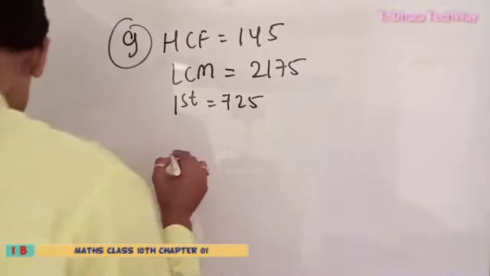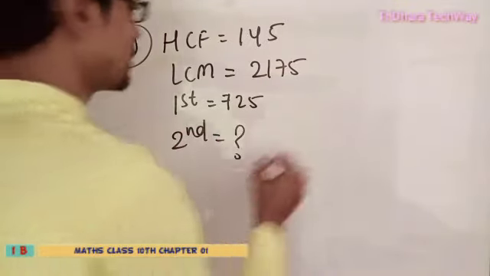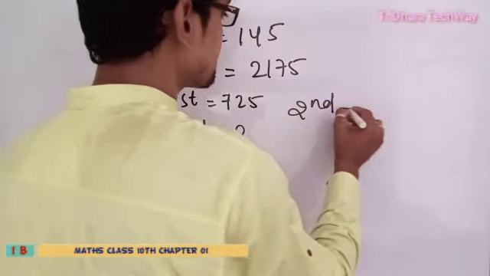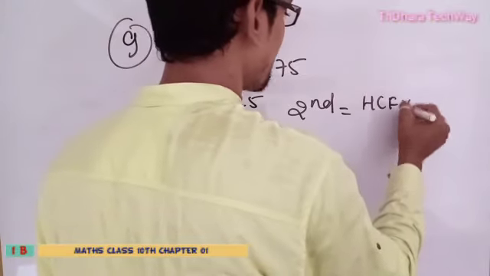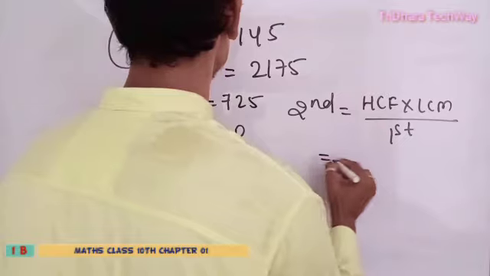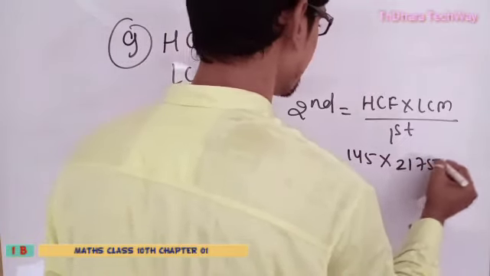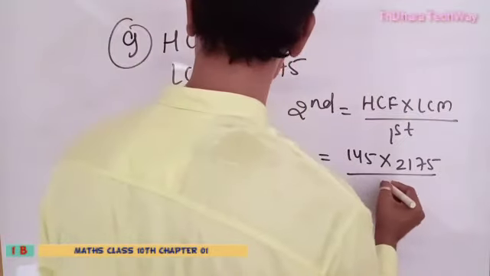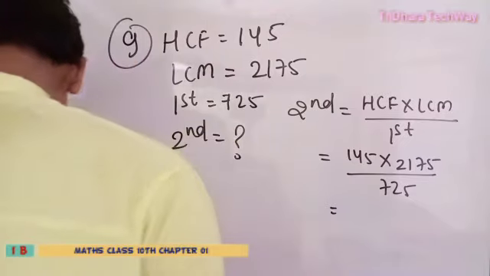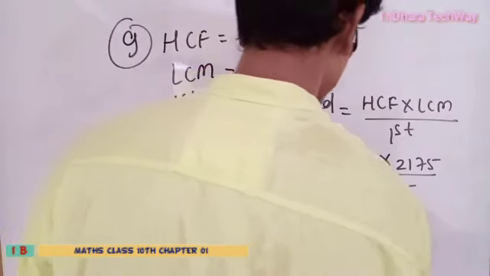You have to find the second number. Now I am going to solve it directly. Second number is equal to HCF into LCM upon first number. HCF is 145, LCM is 2175 and the first number is 725. After solving it, you will get 435. The second number is 435.